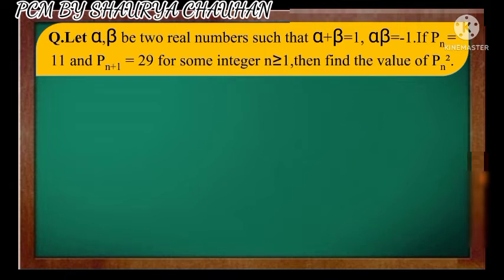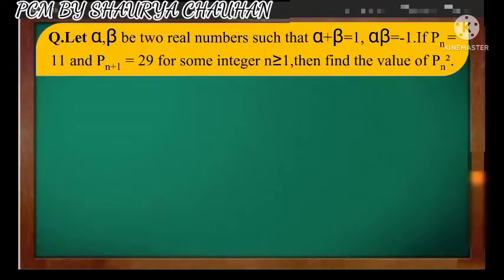Here one thing is missing, that is Pn is alpha power n plus beta power n. And here it is Pn minus 1, not Pn. So now this question is complete.